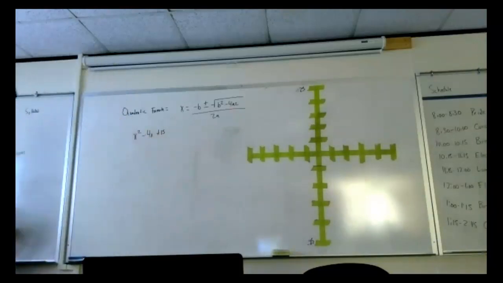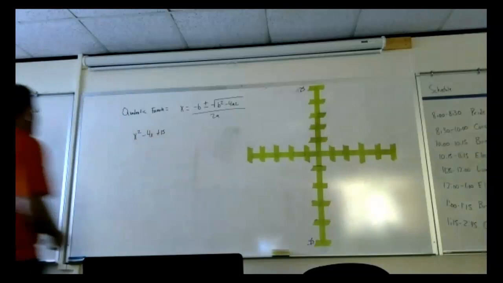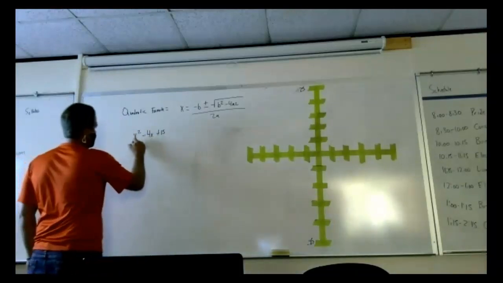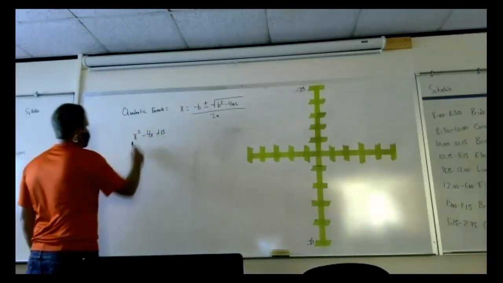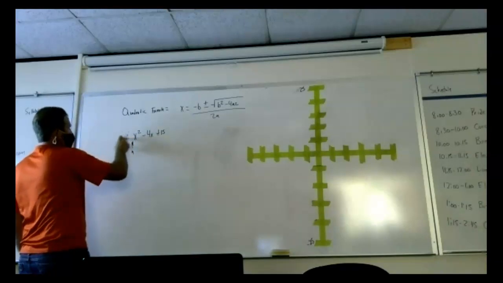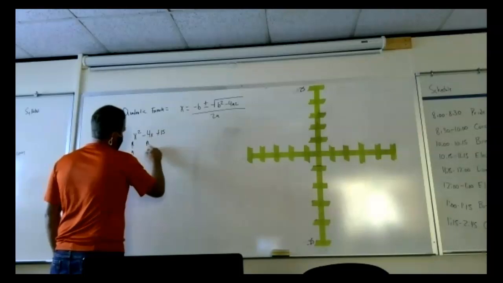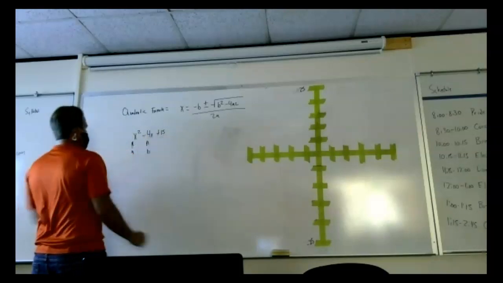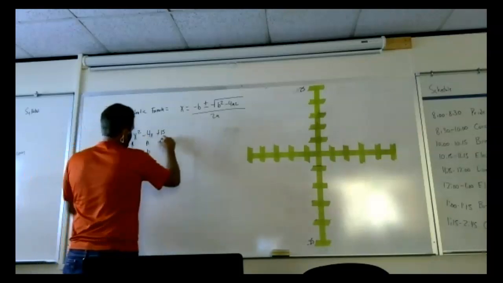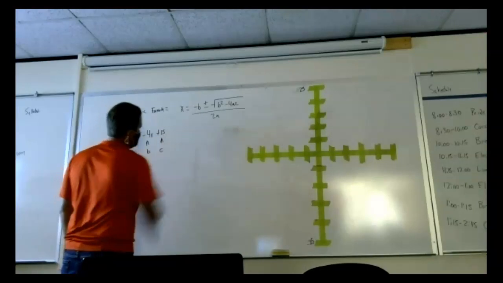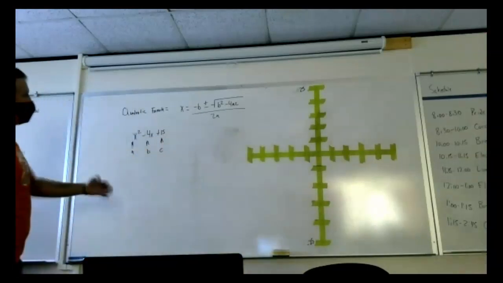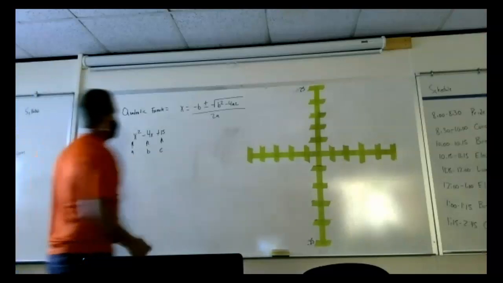The first step is to identify your values for A, B, and C. So A, once again, is just a 1 because it's x squared by itself. B is a negative 4, the coefficient that is associated with x. And C is our constant of 15. So we have them identified. Now we want to plug them in.